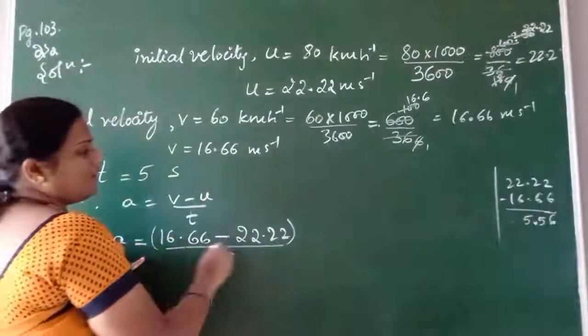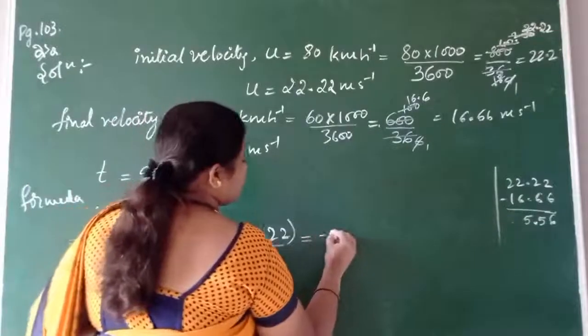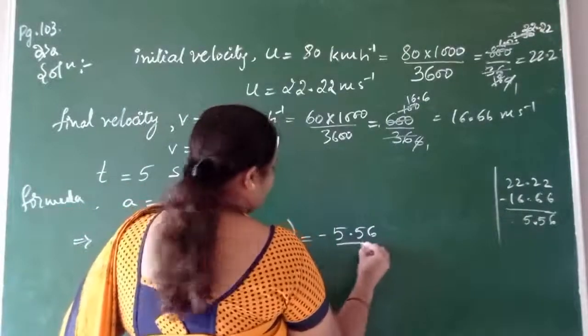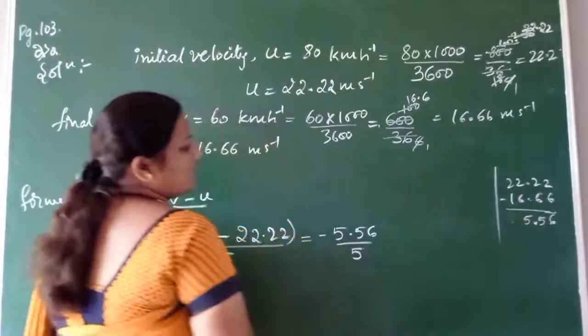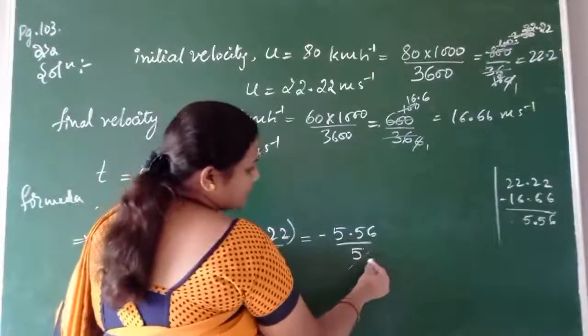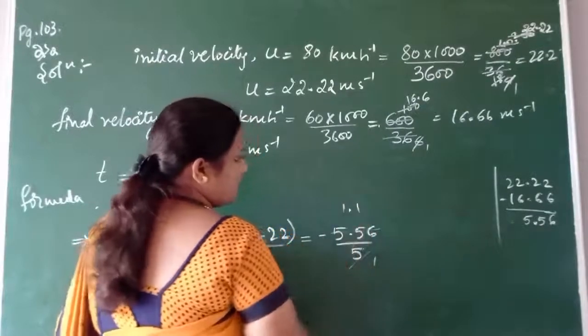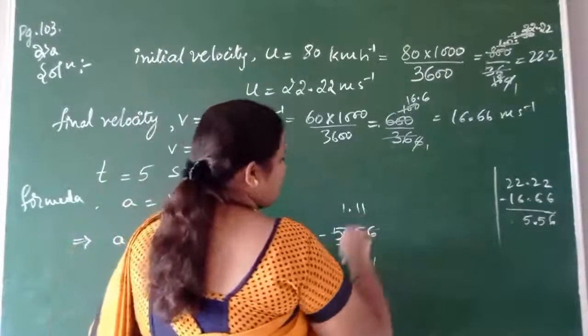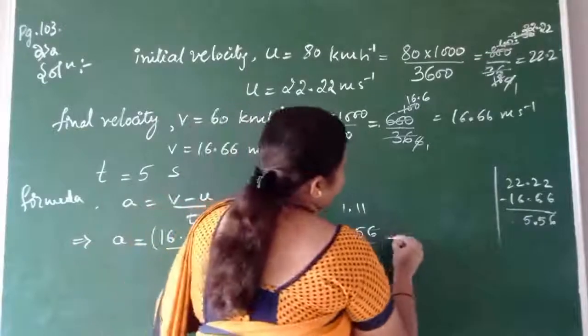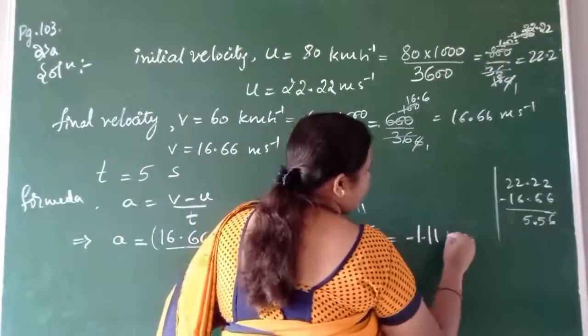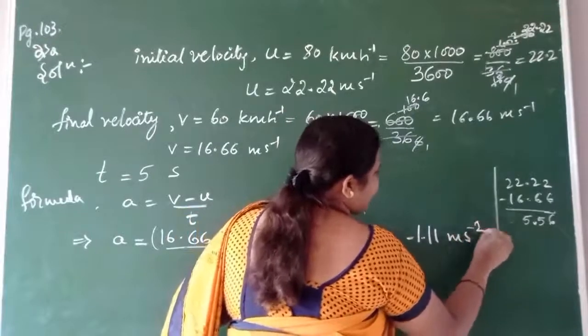But you have to take that with a negative sign. Minus 5.56 divided by 5. So now do the cancellation, 5 ones are 5, 0.1, then 1. So what is left? Minus 1.11 meter per second square.